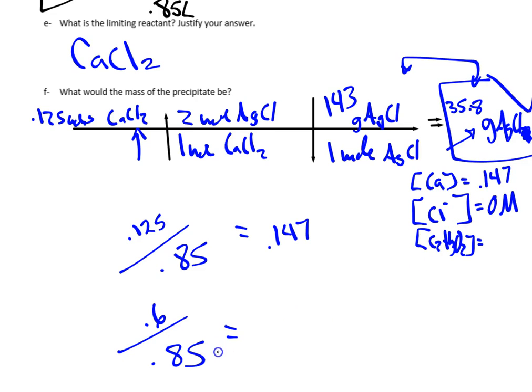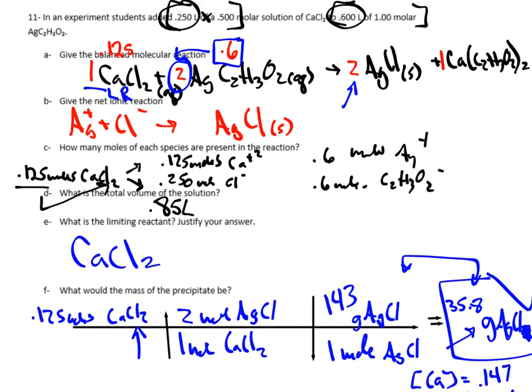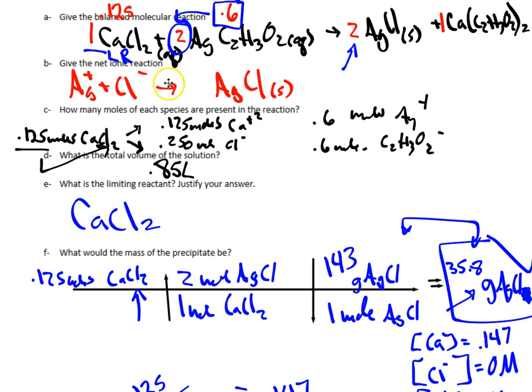Okay. Then 0.6 divided by 0.85. What's that? No. Look at the screen. It's okay, Caitlin. I know why you think it's in.